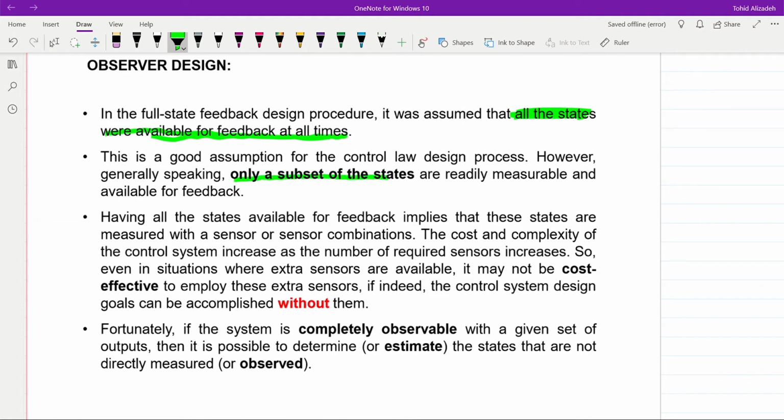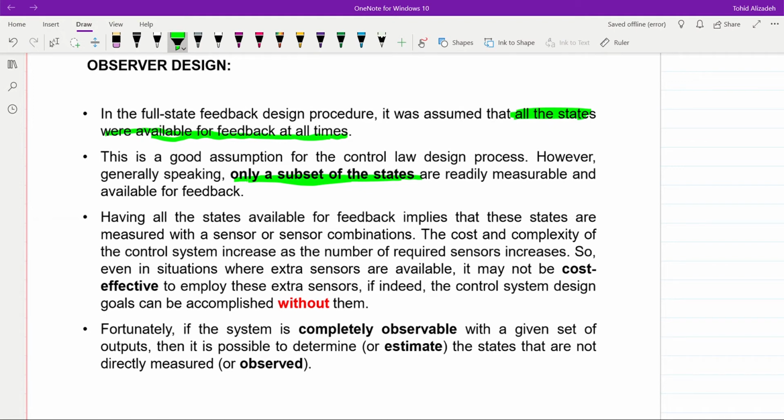So normally we don't have all the states available for the feedback. We don't have the value for them, or we don't have readings for them. If you want to have all the states available for feedback, it means that all those states should be measured with a sensor or sensor combinations.